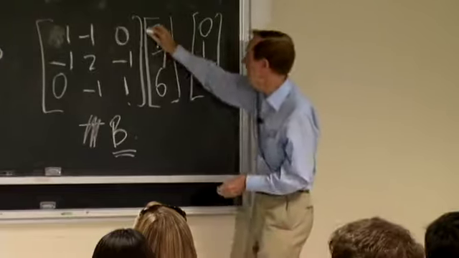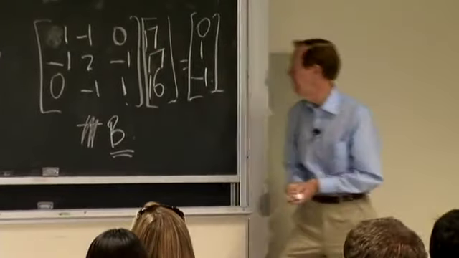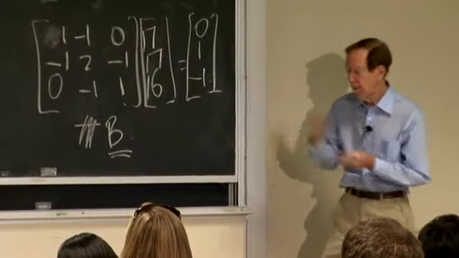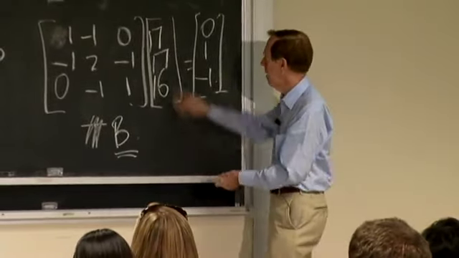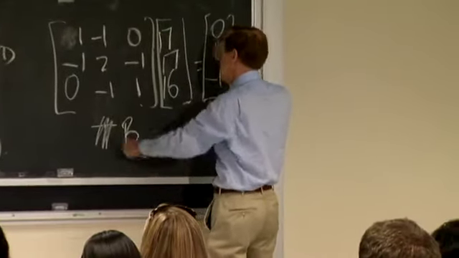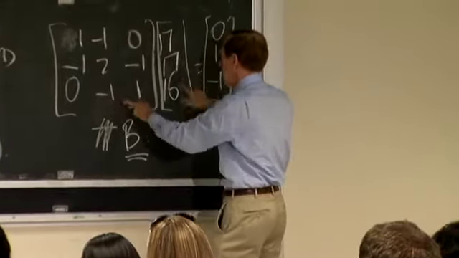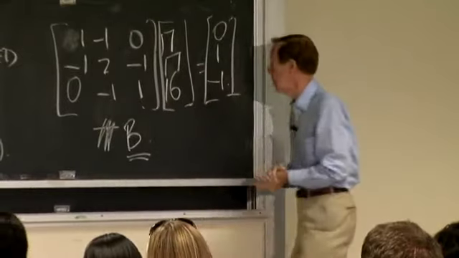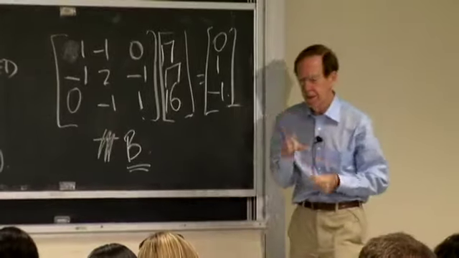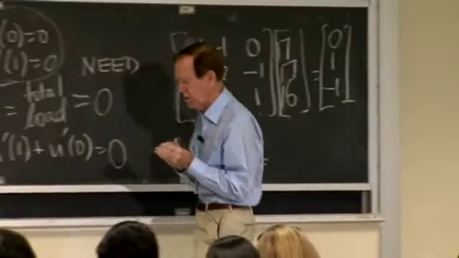I could make it 17, 17, 16. I could add 10 to everything. That's the plus C that I could do over there. Now, that can't change the right side because 17 minus 17 is still 0. Everything, minus 17 plus 16, will still be minus 1. All good. So that actually just helps our intuition.